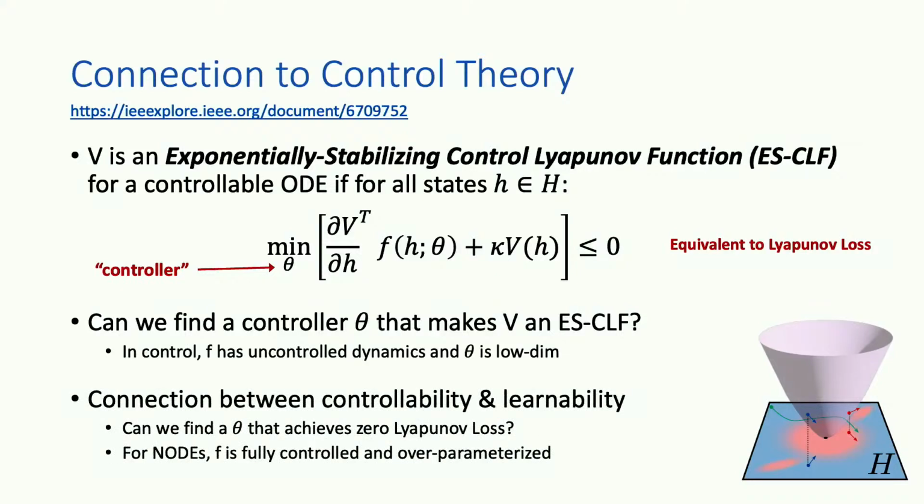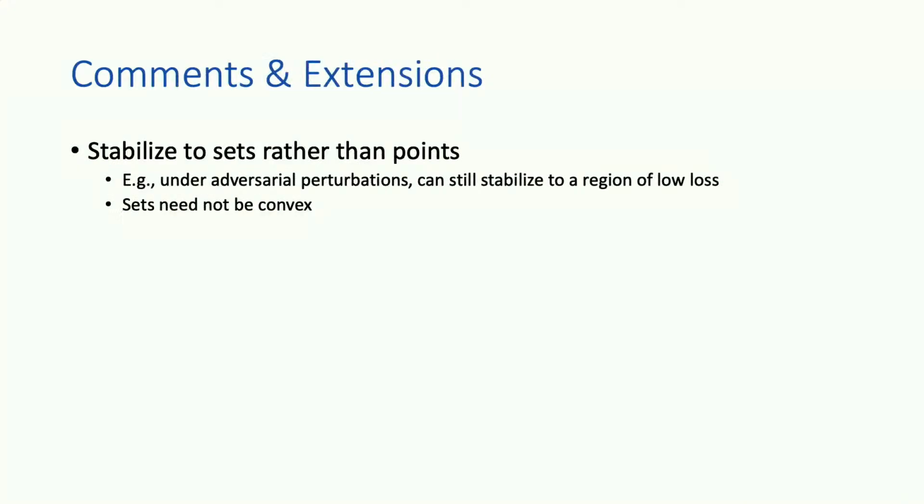In contrast, for these neuro-ODEs, there are no uncontrolled dynamics. Everything is controllable. Theta is very high-dimensional. So in other words, we can interpret neuro-ODEs as a super high-capacity controller, and we're just trying to find a control law, which is a parameterization of the neuro-ODE, that turns whatever objective function we care about into one that has control-theoretic properties, such as exponential stability.